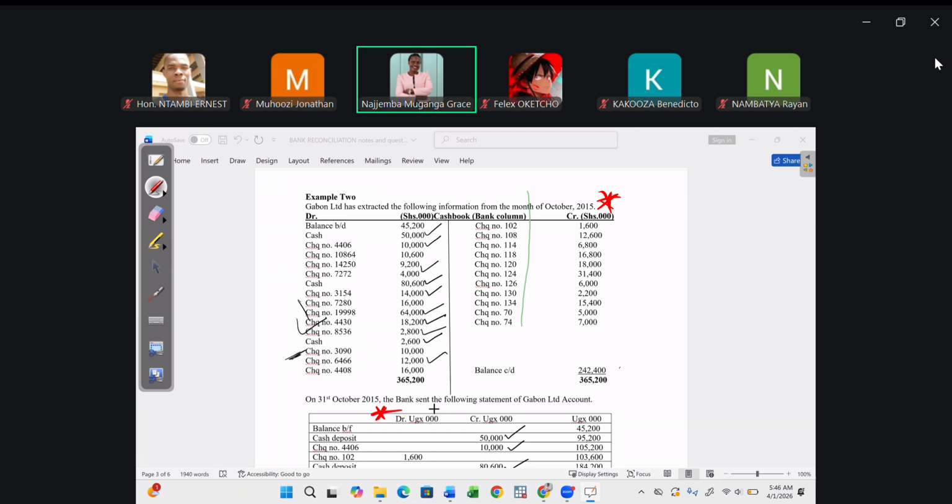debit. In the bank statement, number 102, 1,600. It is there on the debit side, and on the credit, the cash book. Check number 108.